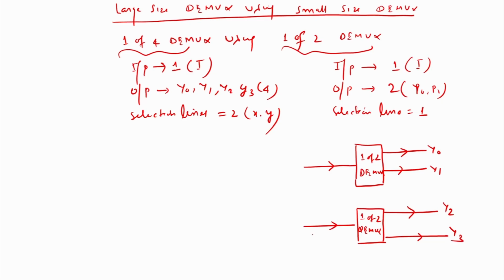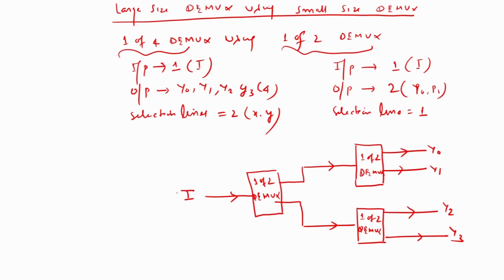Now, because we know that in case of 1 of 2 to the power n DMUX, only one input line is there, and there are 2 input lines here, then again there is a need of one more 1 of 2 DMUX. This means again there is a single input line.